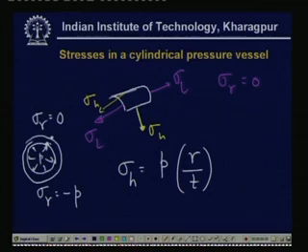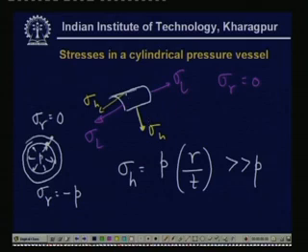So, whatever the variations, it will be something between p and 0, and therefore sigma h will be much larger than p. Therefore, it is safe to neglect this sigma r, and we have only used the force conditions, that is, the equilibrium equations, neglecting any sigma r.